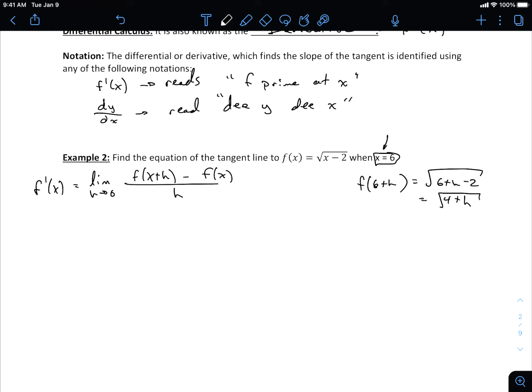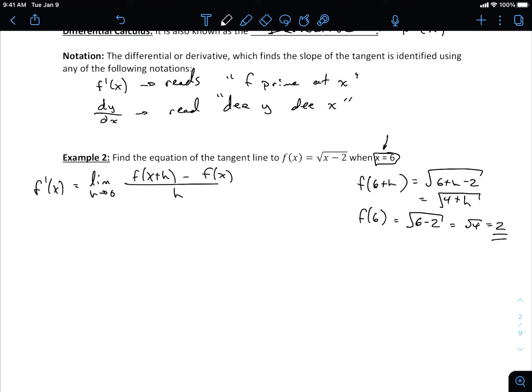You guys know from grade 11 functions, when we first introduced function notation, that if I plug in f of x, whatever the value is, this is the y value. I want to know what the y value of the function is when I plug in 6. So we go 6 minus 2, square rooted. Well, that's the square root of 4, which is equal to 2. You can use these two things now.